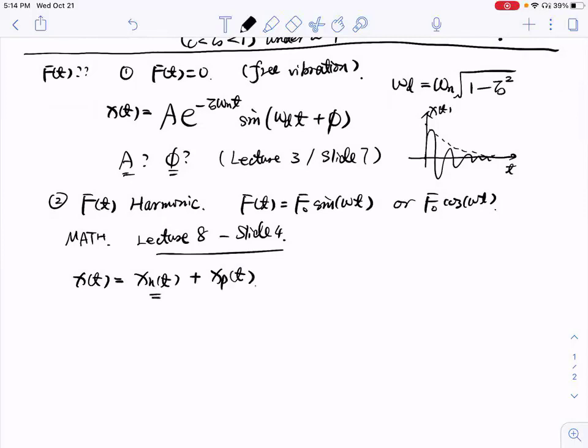The first one is a homogeneous solution, or sometimes we call it the transient state. The reason it's called transient is because eventually this x_h part dies out over time. So the x_p, which is called the particular solution if you're taking an ODE class, but in vibrations, we call it steady state. So only the second part survives as time goes by.